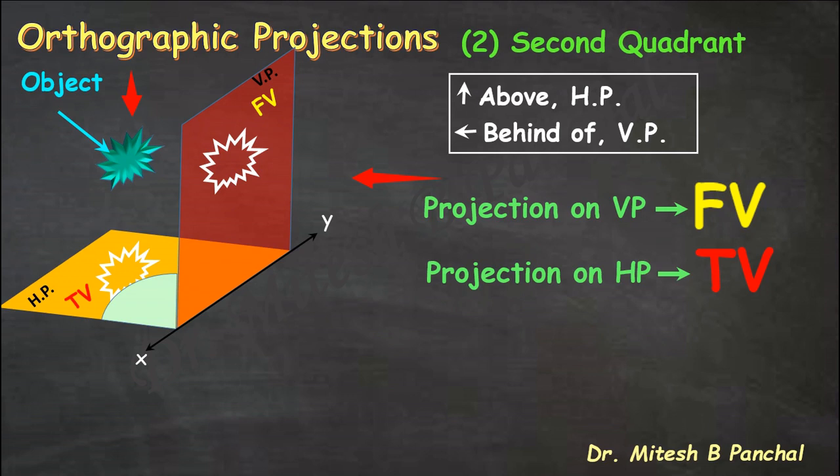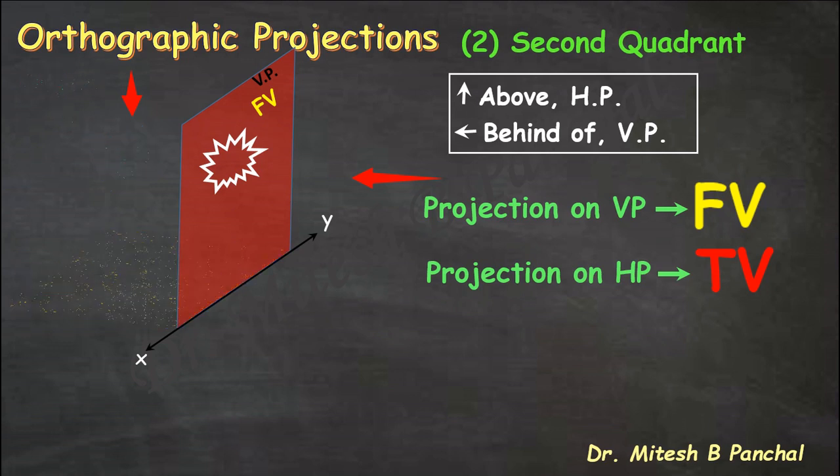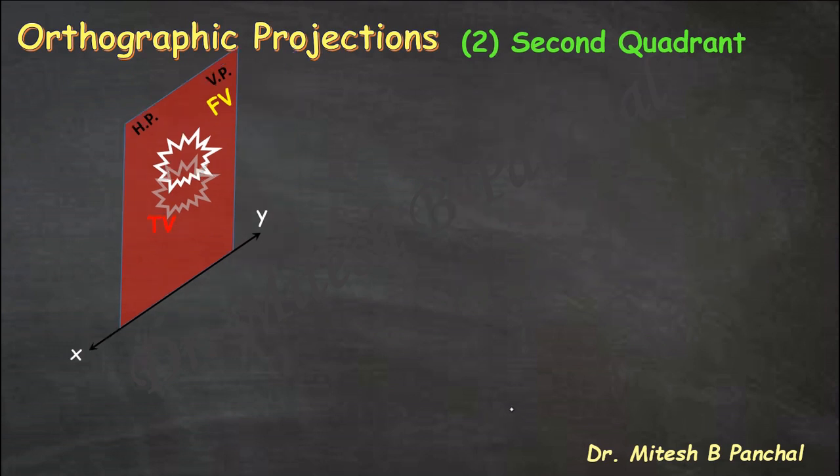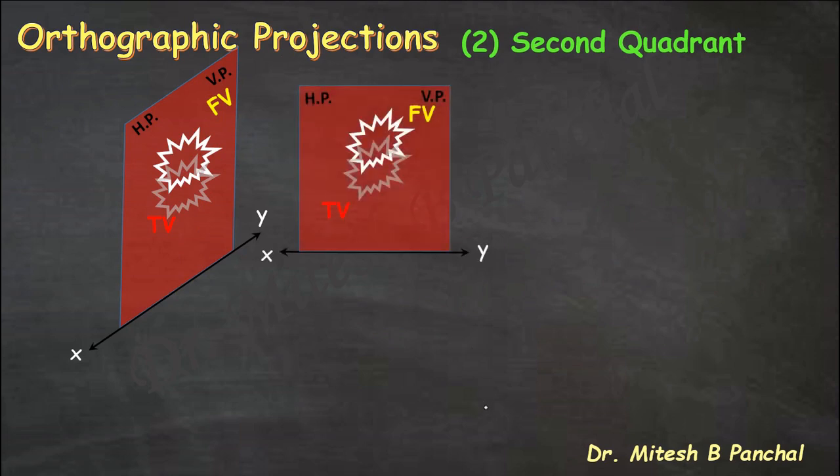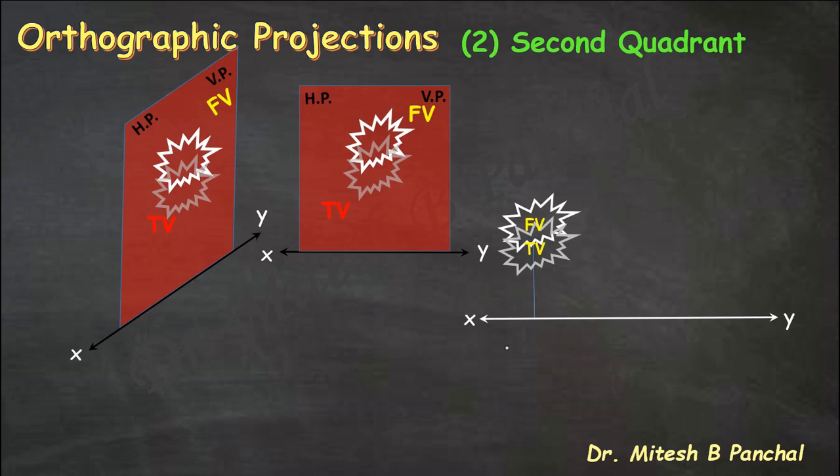Following the rule, VP will remain unchanged and HP will rotate 90 degrees in clockwise direction about the reference line. So we will get front view and top view like this. Here front view and top view both are on the same plane. When you look from the front side, you will get the projection like this. So the answer when the object is in second quadrant is like this.